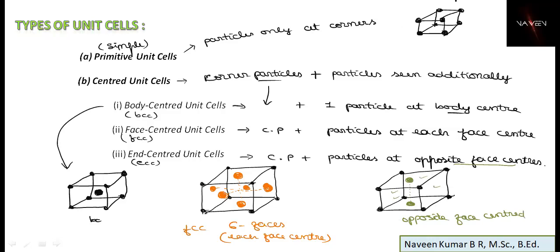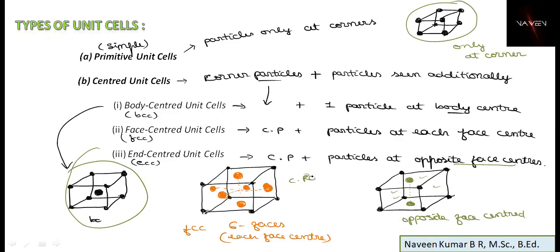A simple primitive unit cell will have particles only at corners, whereas body centered will have corner particles along with one additional particle at the body center. Here corner particles, and at each of the 6 face centers there will be particles.